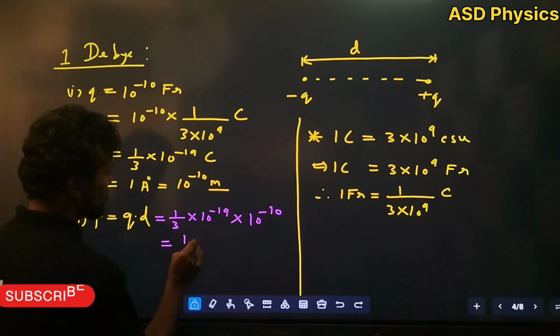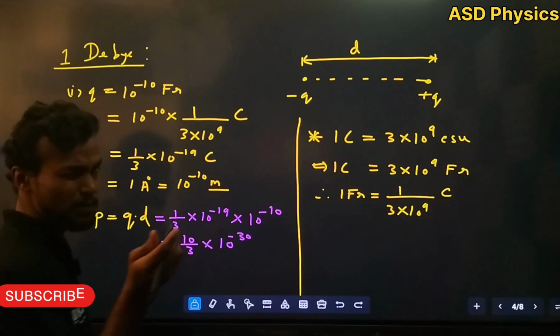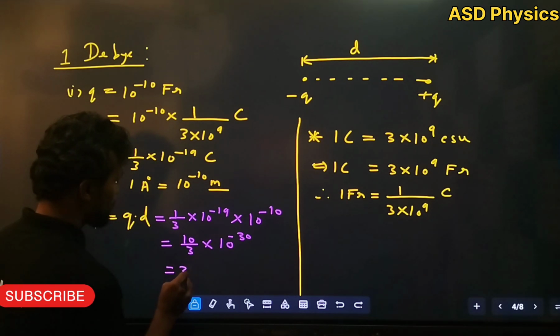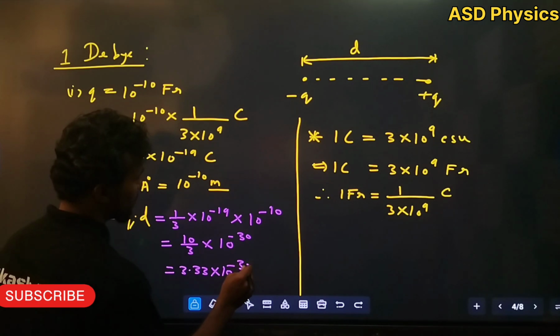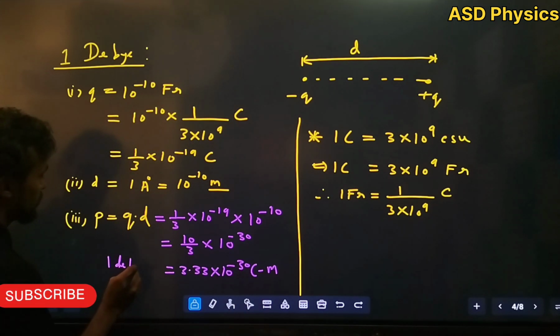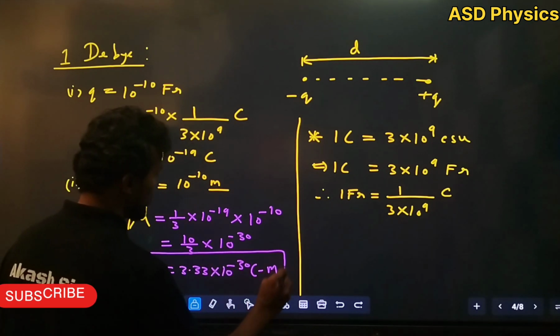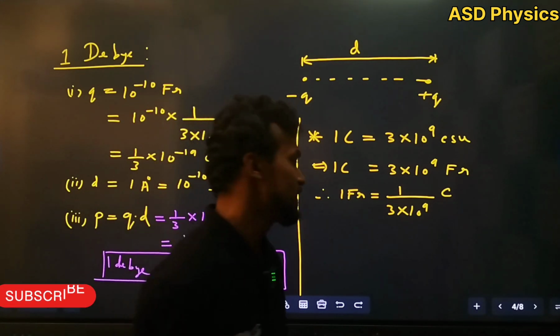I can write it as 10 by 3 into 10 to the power minus 13. Simple mathematics. So we can write 3.33 into 10 to the power minus 30 coulomb meter. This is the relation between Debye and the coulomb meter. Very easy. Please remember the relation, they may ask in an exam.